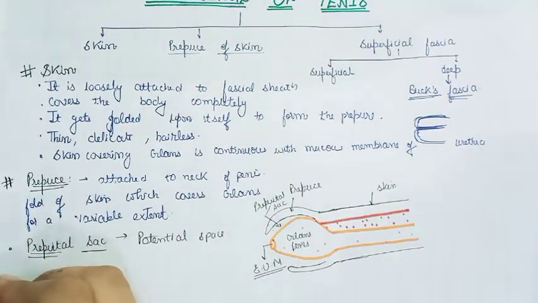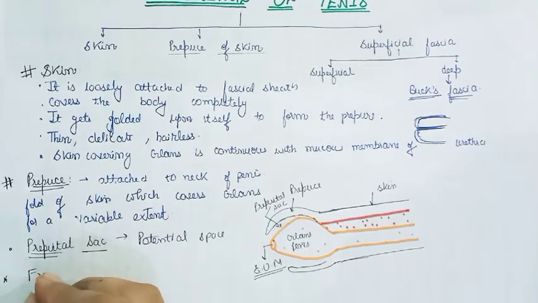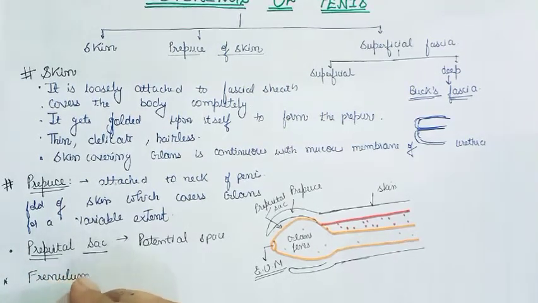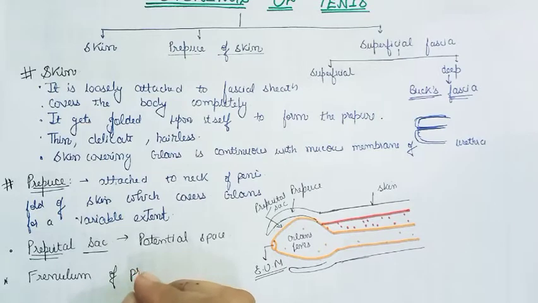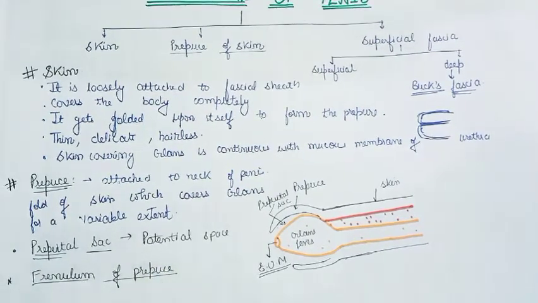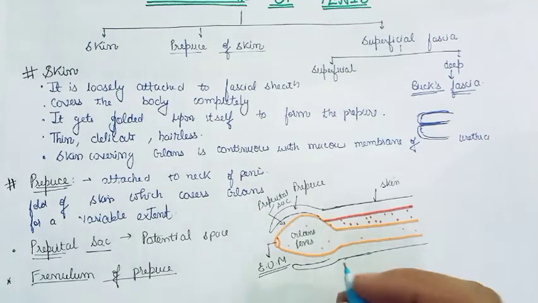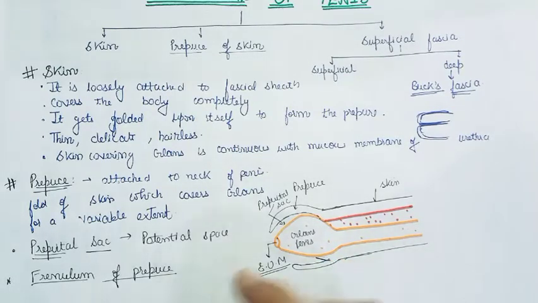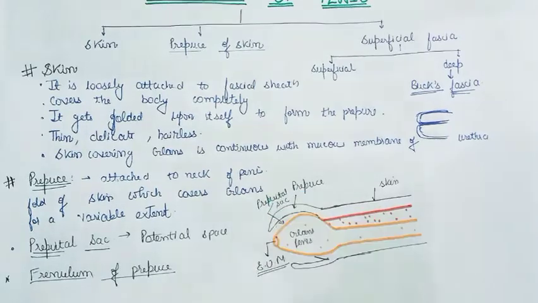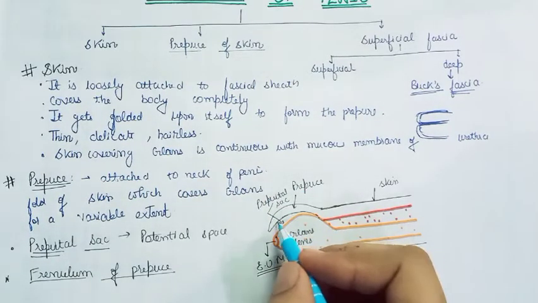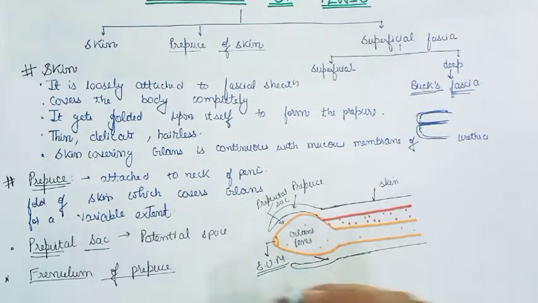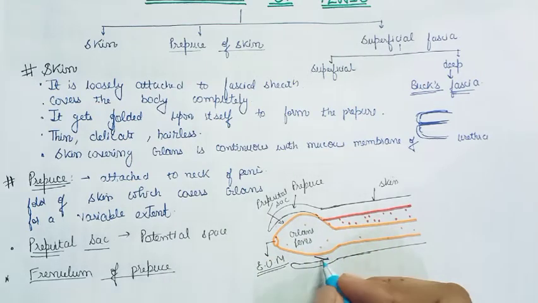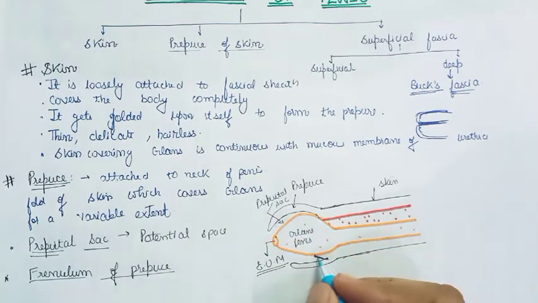Next one is the frenulum of the prepuce. So what is the frenulum? The frenulum is just a medial fold of skin. The skin of the prepuce in the upper or dorsal part attaches directly to the neck, but in the lower ventral part it shows a medial fold like this.